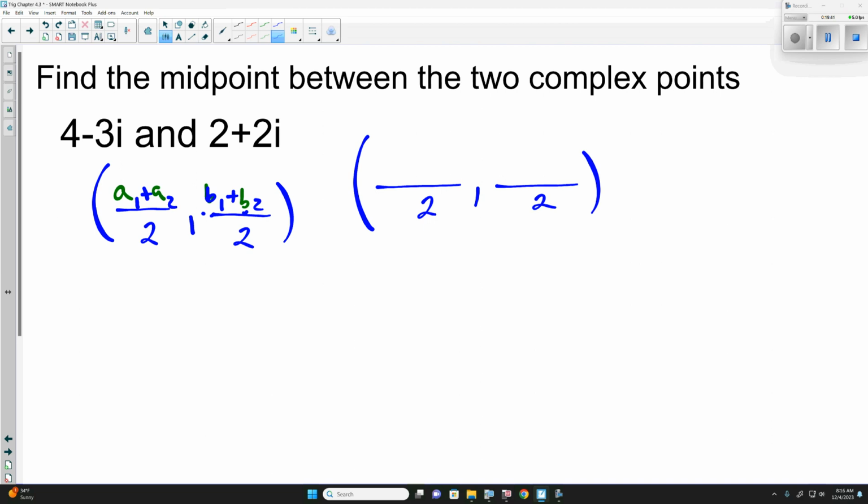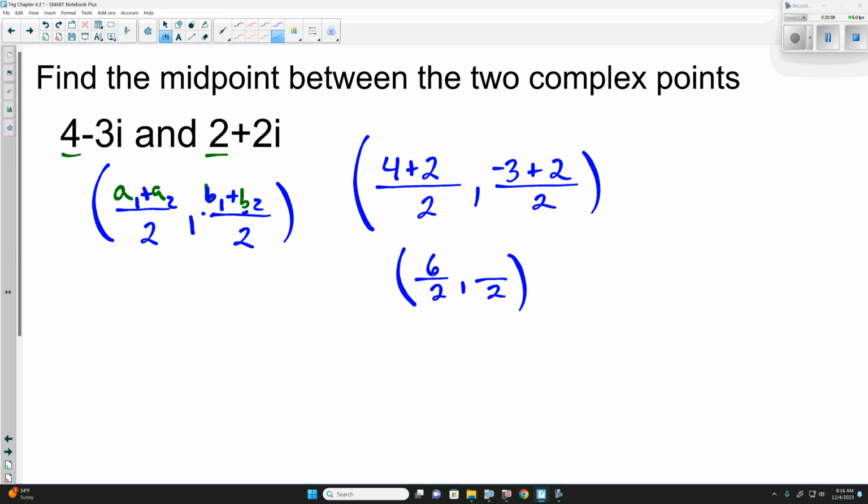And the a values in this case are 4 and 2. So we can say 4 plus 2 over 2. Our b values in this case are negative 3 plus 2. Now we don't have to do this step by step because we could do 4 plus 2 divided by 2 in the calculator and it'd give us an answer.